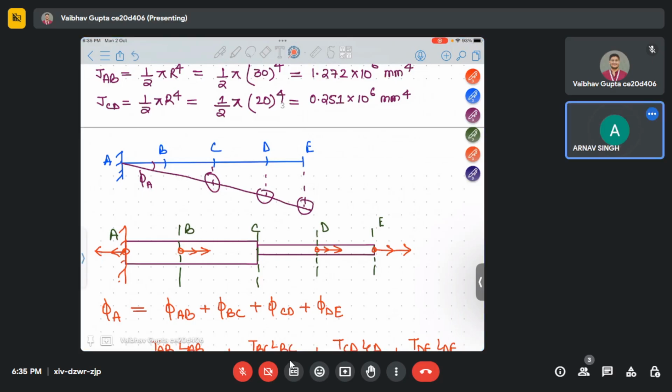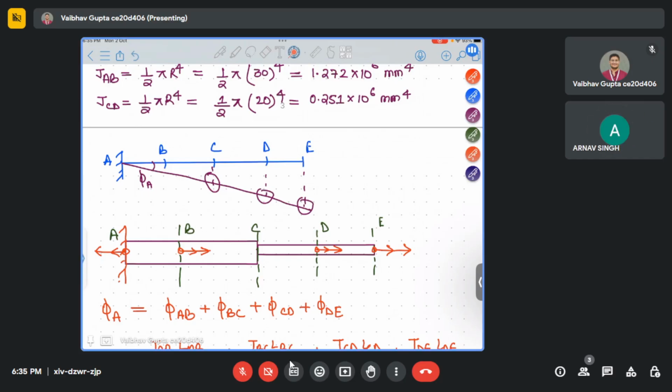See, for phi A, the angle of twist is taken for the other elements AB, BC and DE.